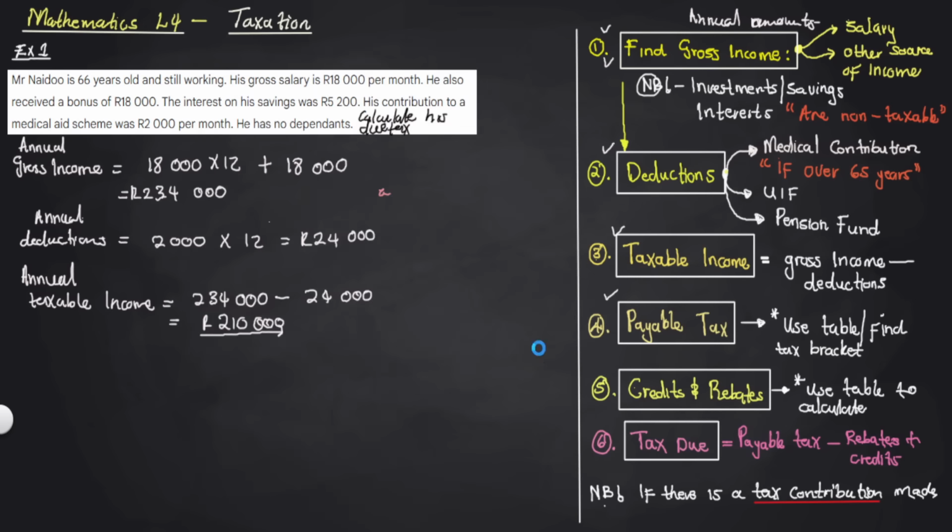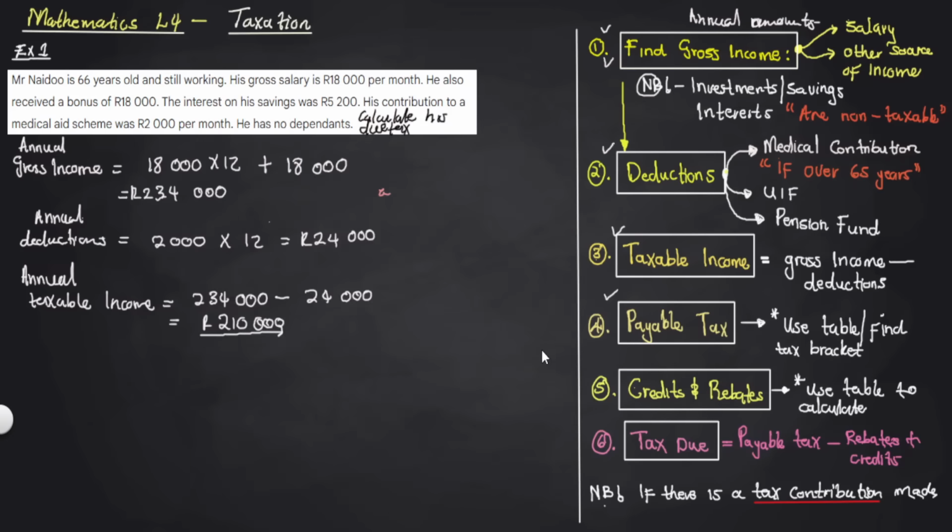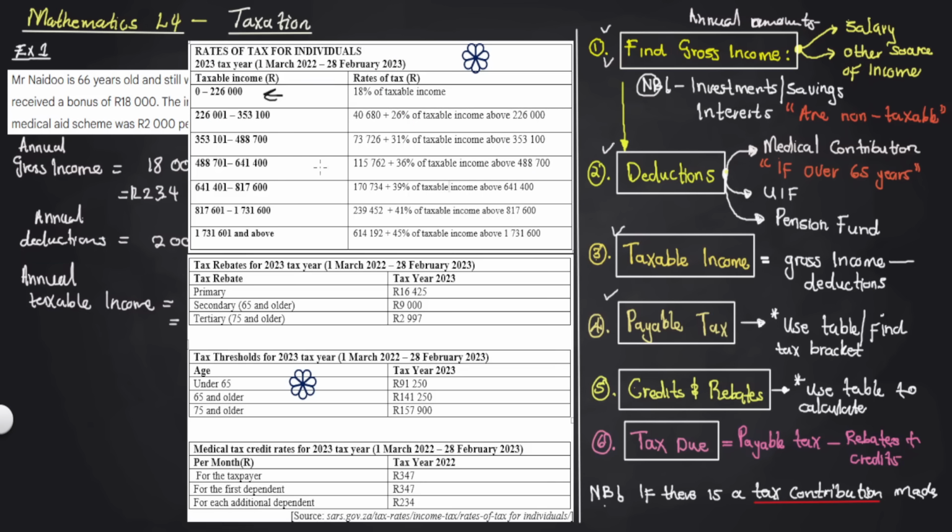For example, the annual taxable income is 210, so it means that it's between 0 and 210,000, the first bracket, this one. 210,000 is between 0 and 226,000.